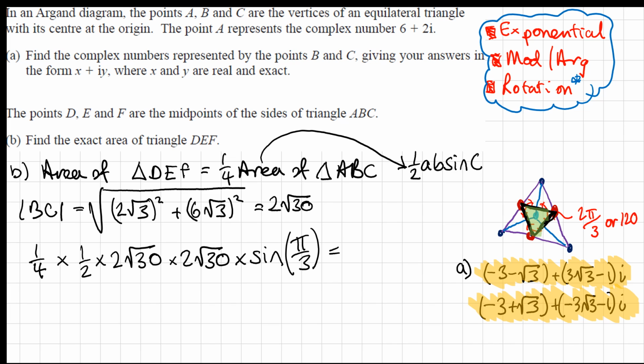And that gives us exactly 15 root 3 over 2. And there's our exact area. This is one way of doing it. There are other ways of calculating the area.